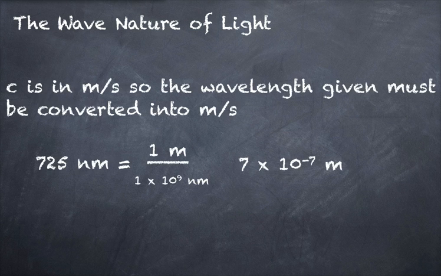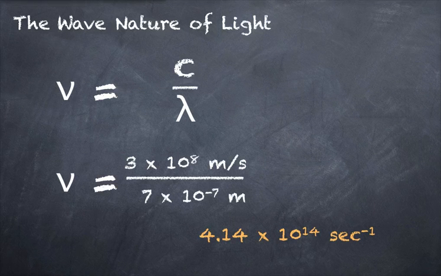First of all, I need to convert the nanometers into meters, because the speed of light is in meters per second. So 1 × 10⁹ divided into it is 7 × 10⁻¹¹, and then I just put it together. The frequency is speed of light over wavelength, and I end up with 4.14 × 10¹⁴.